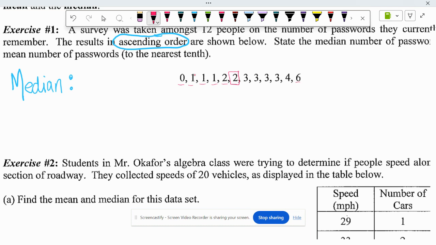But remember, I have to go from the other side. 1, 2, 3, 4, 5, 6. So what number lies right in the middle of 2 and 3? 2.5. And remember, if you can't think of that, you just add those two numbers together and you find their average. So 2 plus 3 is 5. 5 divided by 2 is 2.5. So our median is 2.5.